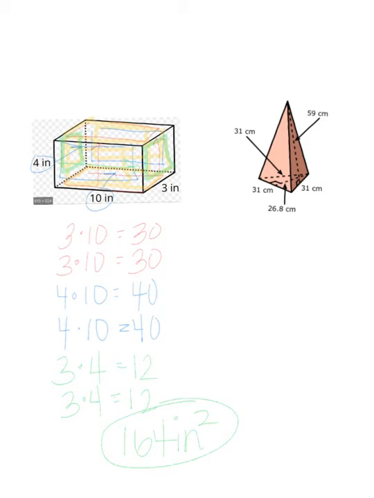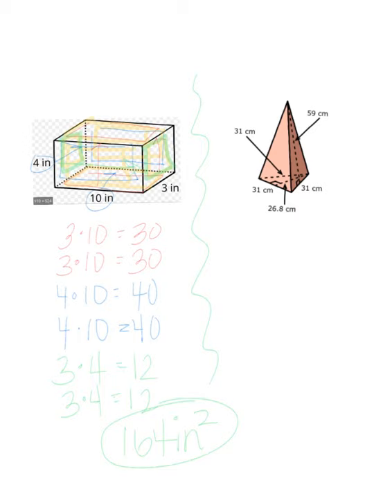It gets a little bit harder when you get to these ones on the left or on the right. As we look over here, if I am trying to find the area of all of these faces, you need to look at the shape that they are, okay?